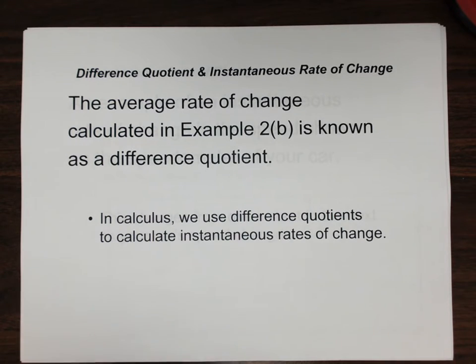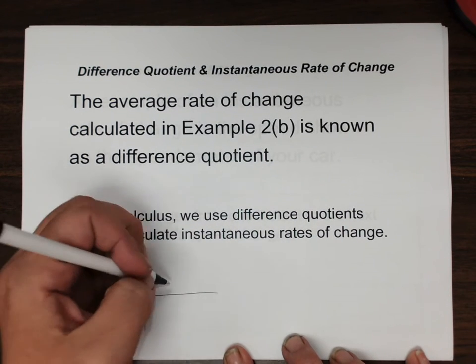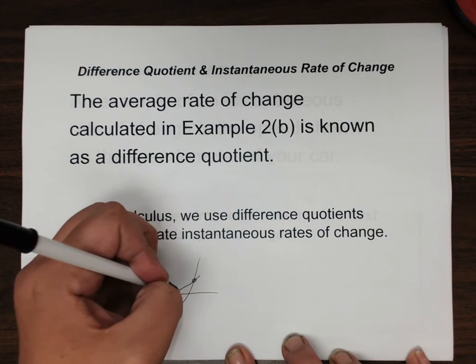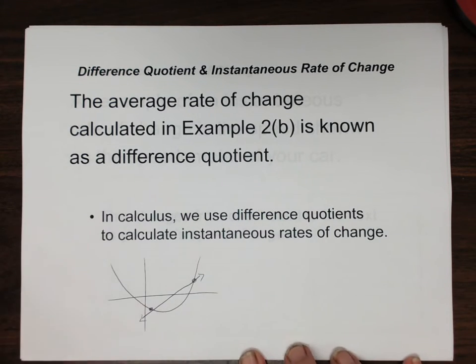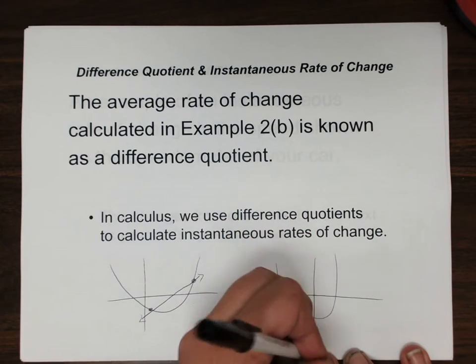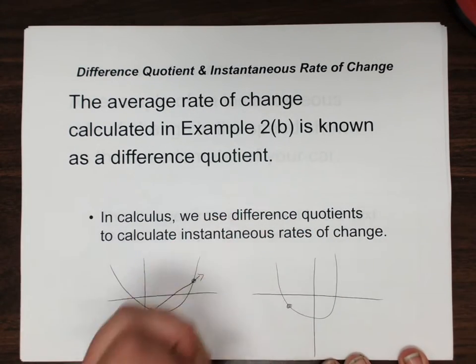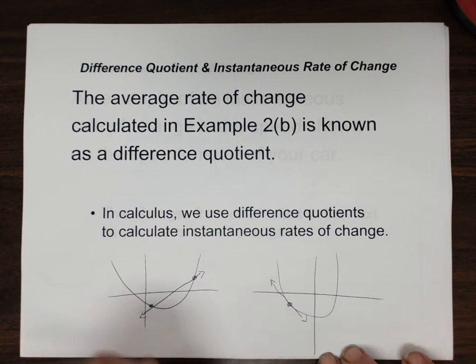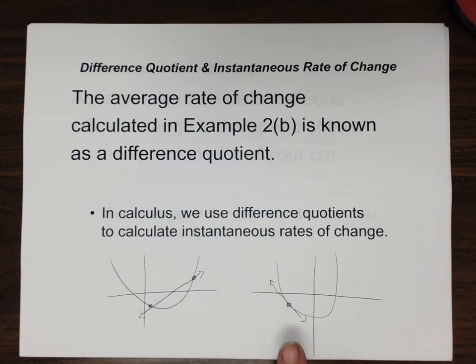Everything we've looked at up till now has required us to use this concept of a secant line that cuts through our function and gives us this average rate of change. Well, it turns out when we get to a calculus course, we are capable of using just one point on it and finding what is called a tangent line and the instantaneous slope of that line.